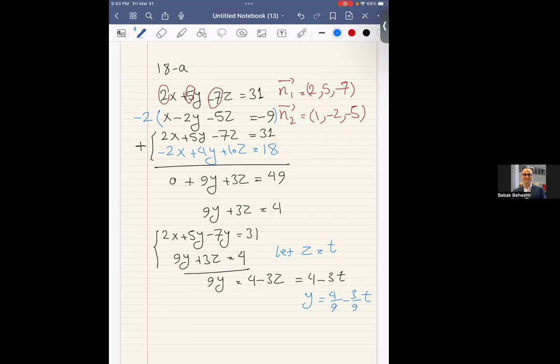So I have z equal to t and y equal to this. I plug these two into the first equation to find x. So I get 2x, and I plug y and z into the first equation.